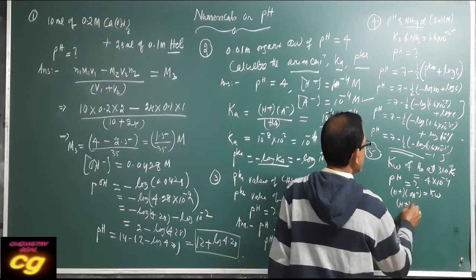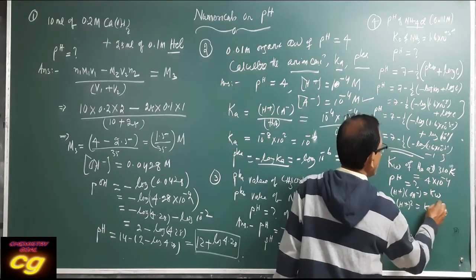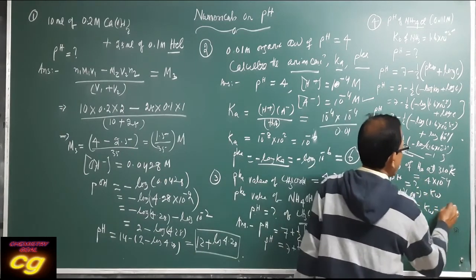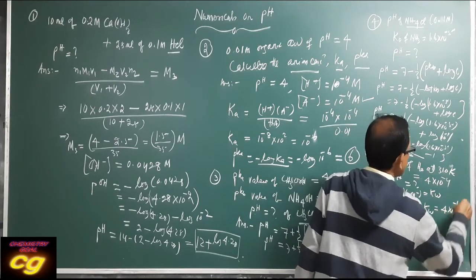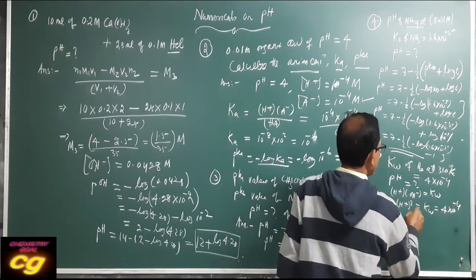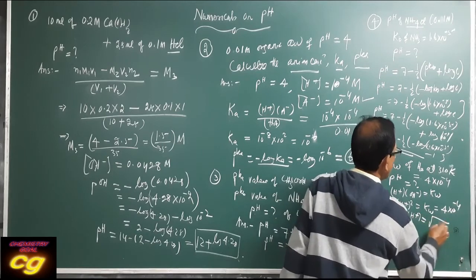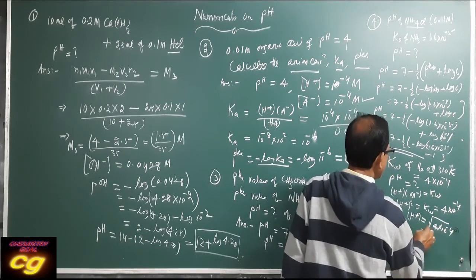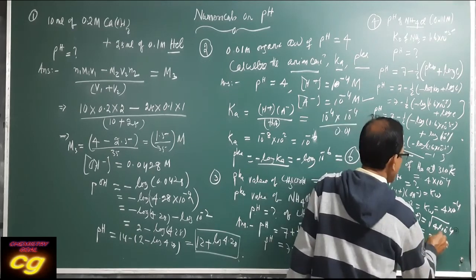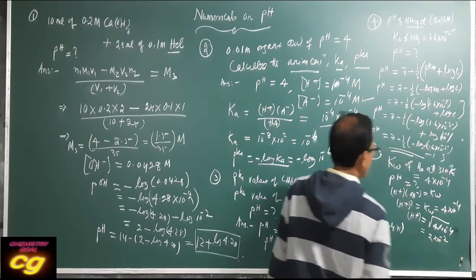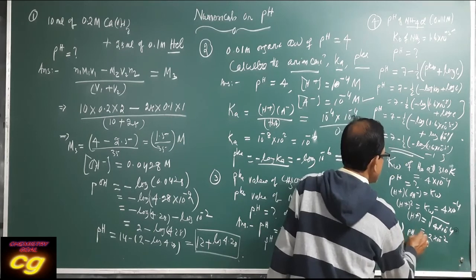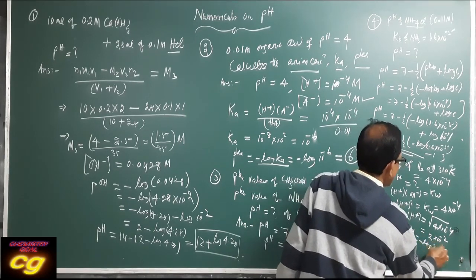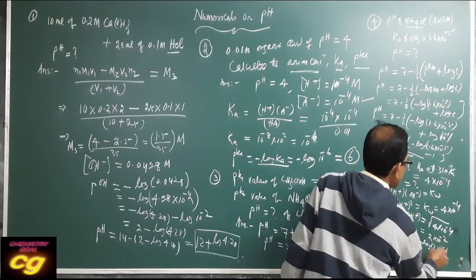So H plus ion squared is equal to Kw, which is 4 into 10 to the power minus 4. So the H plus ion concentration will be the square root of 4 into 10 to the power minus 4. The result is 2 into 10 to the power minus 2. Then pH is equal to minus log of 2 into 10 to the power minus 2.